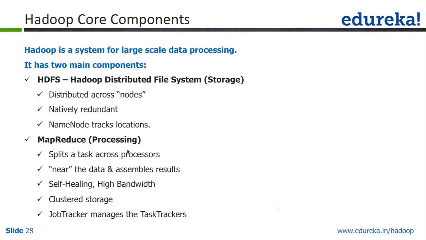As we've seen, the Hadoop Distributed File System is nothing but a cluster of machines combined together where the data is stored. In this there are two things. One is called a name node, the other is called a data node.